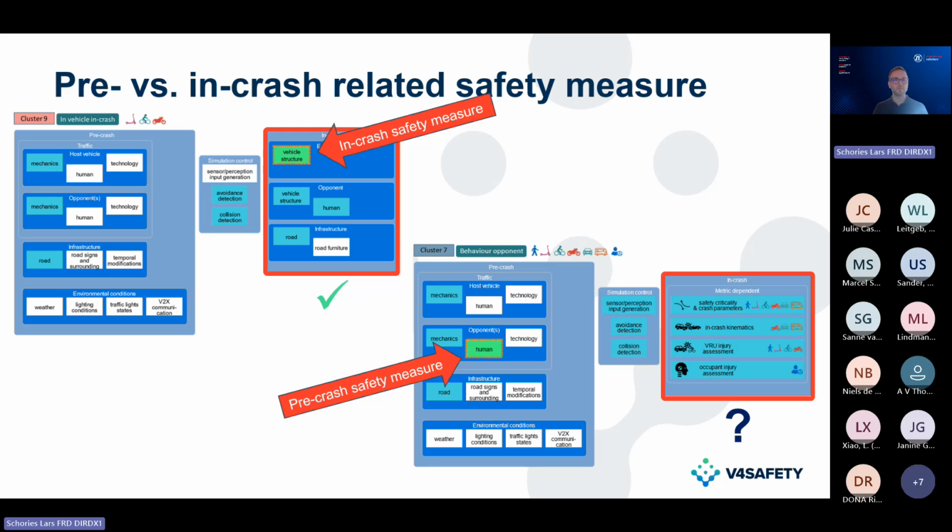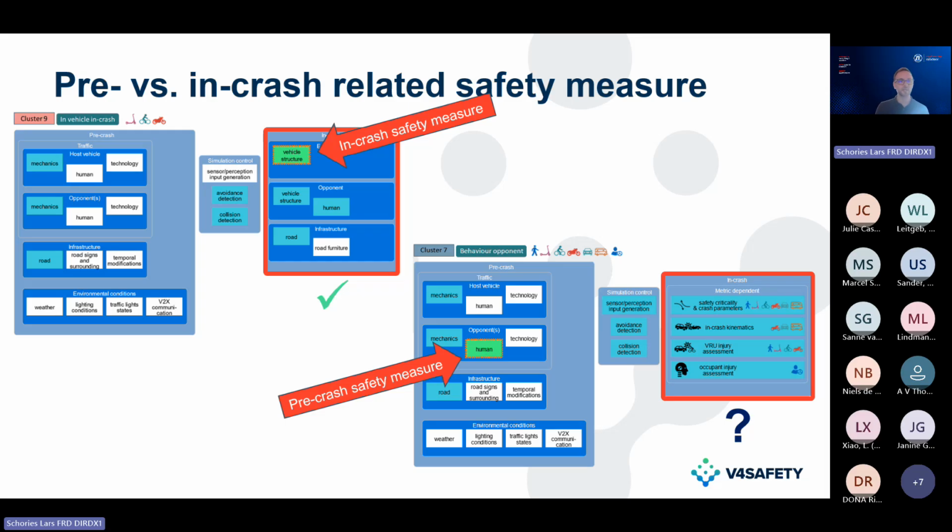Very shortly about pre-crash or in-crash related safety measures. So when you think about when do I really need in-crash related safety measures, on the left-hand side, we have here the cluster number 9, in-vehicle in-crash measure.